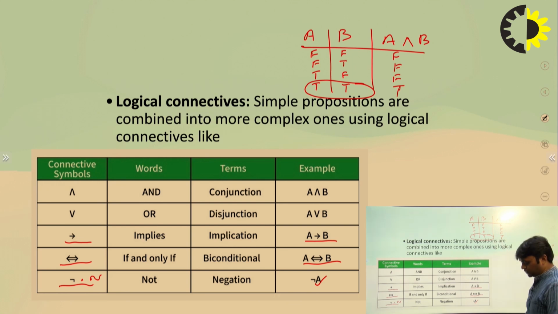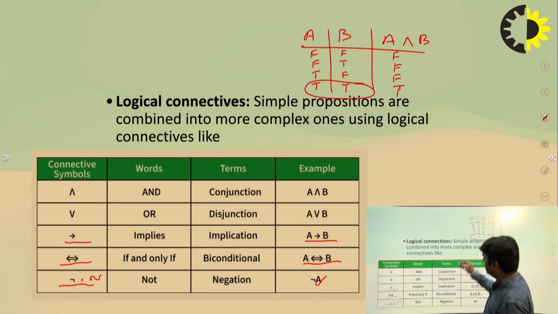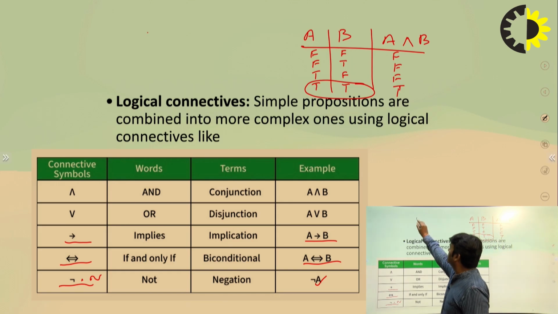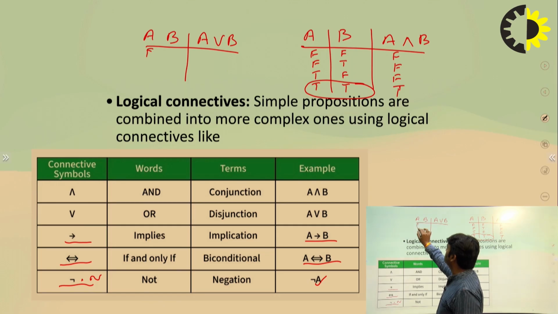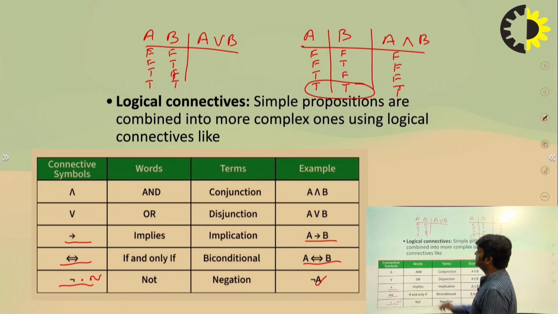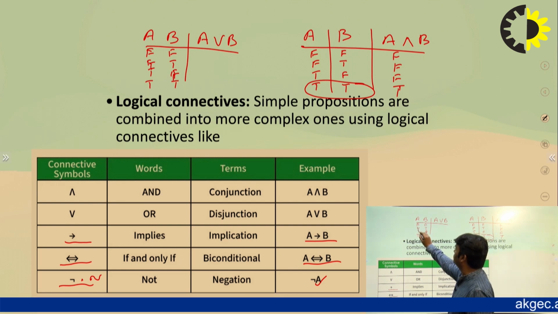If we construct a truth table for the OR operation, A, B, A or B. False, false, true, true, false, true, false, true.